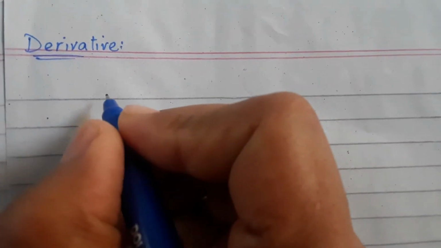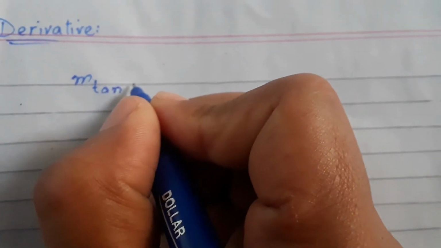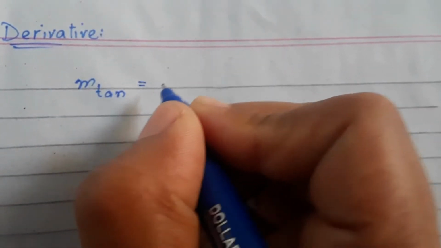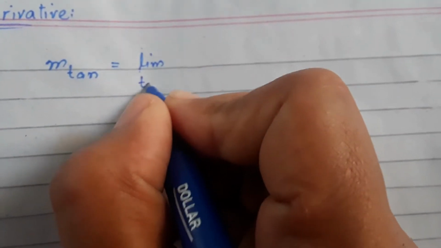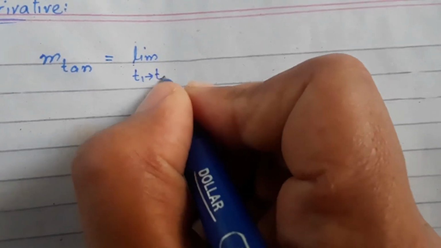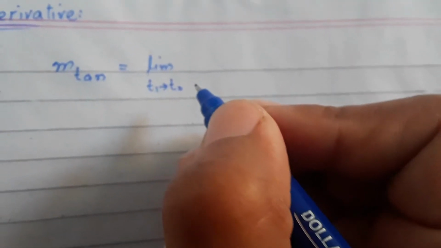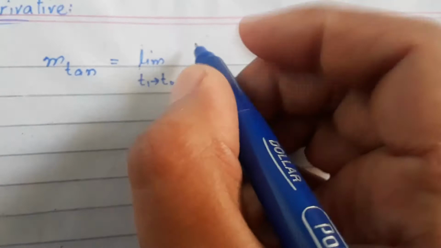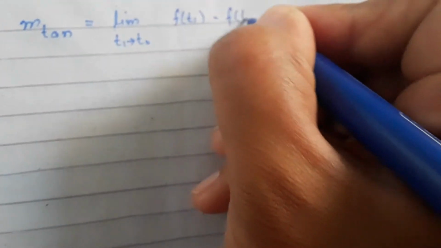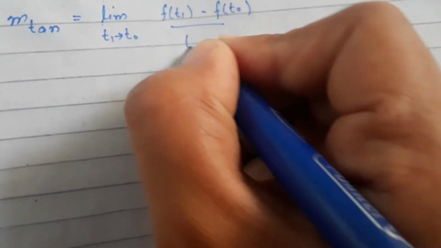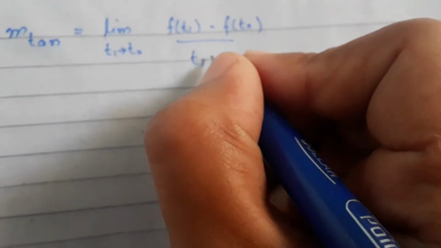So now we will come to our topic, which is derivative. So far we have seen that the slope of the tangent is given by limit t1 approaches t0, as in the case of instantaneous velocity, f of t1 minus f of t0 divided by t1 minus t0.